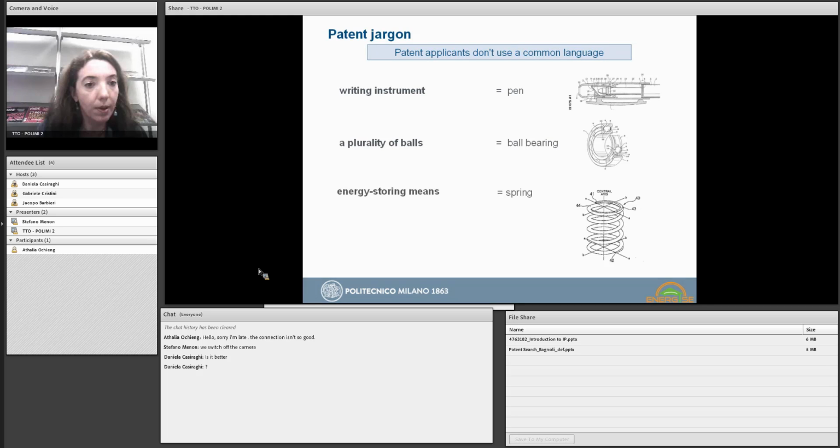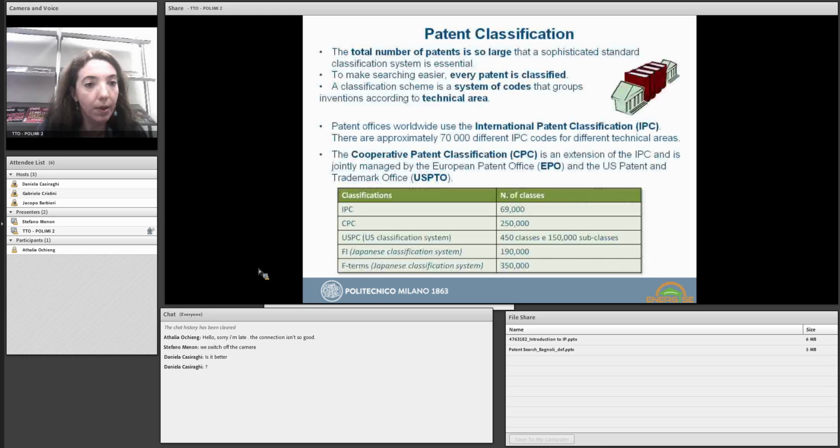The same is for a ball bearing that can be described as a plurality of balls, or a spring that is energy storing means. So patents try to use more general words to describe the objects. This is why it's not easy to search for a patent just with keywords.